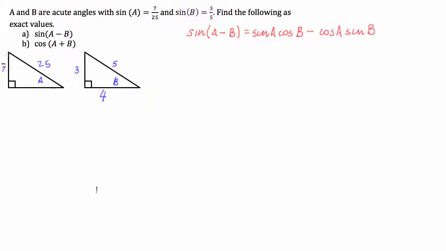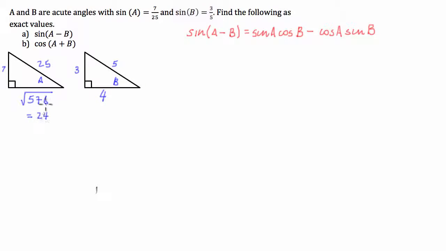For this one, we have 25 squared, which is 625, take 49, which is equal to 576. The square root of 576, if I'm not mistaken, is 24. You guys can check that, but I'm fairly sure that's right.